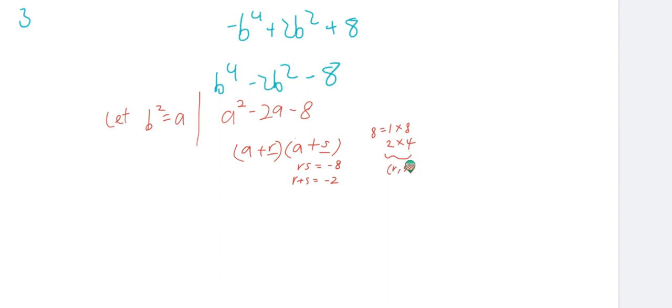For r and s to add up to negative 2, we need to put the negative at the 4. So we have negative 4 and 2. And we substitute this back, we get a plus 2, a minus 4.